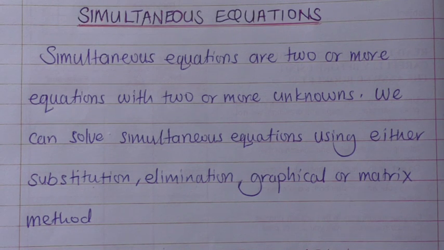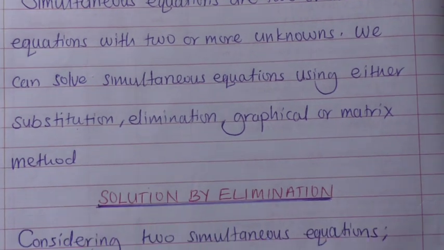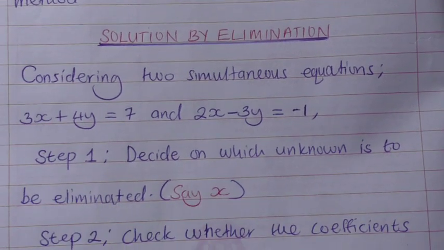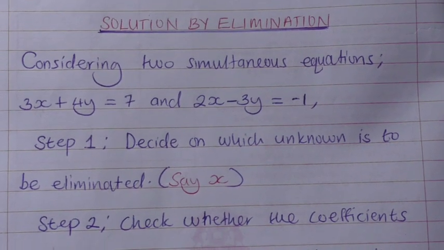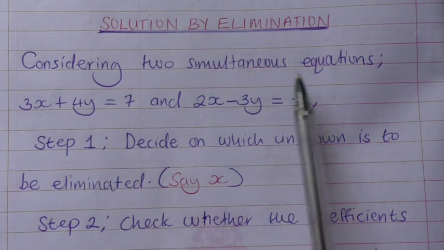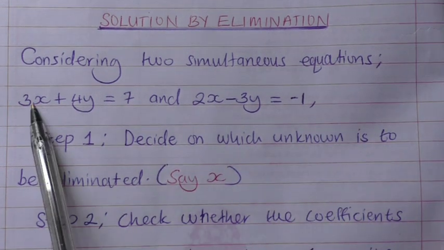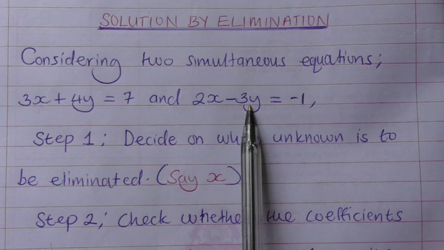So let us look at the solution by elimination. That is solving simultaneous equations using elimination method. Here we are considering two simultaneous equations with two unknowns, that is x and y.